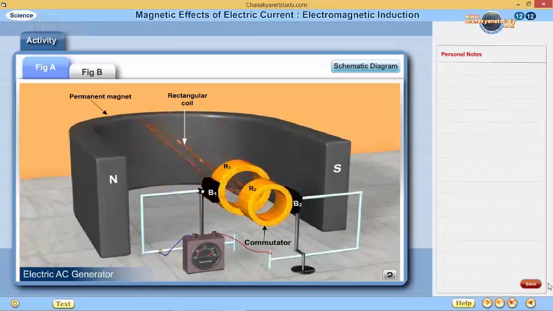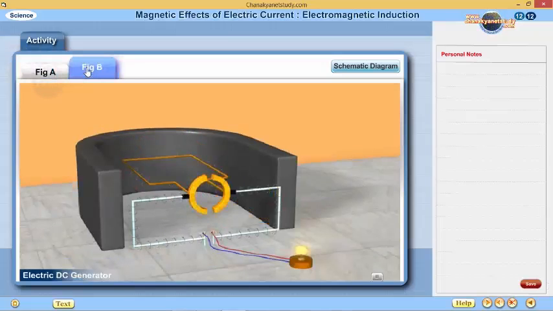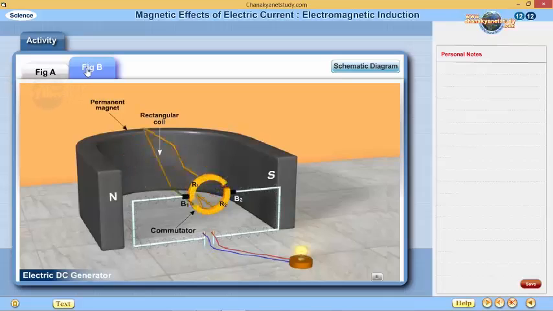The components like the armature coil, strong magnet, and carbon brushes are the same in both the machines. In an AC generator, rings are used, while in a DC generator, a split ring commutator is used. A galvanometer is shown in the figure of the electric AC generator, while a bulb is shown in the figure of the electric DC generator.